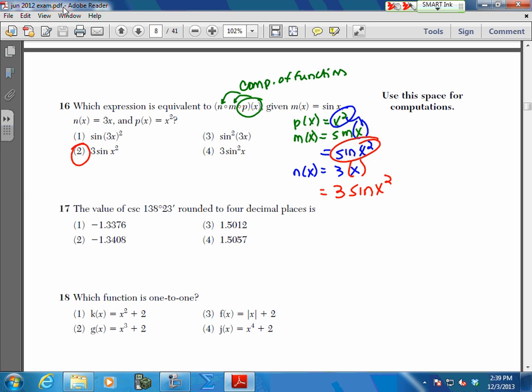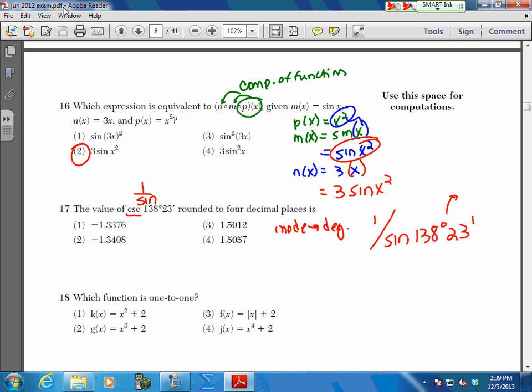This one is nice, but you have to be careful here. You've got a cosecant, which is the reciprocal of your sine. So you're going to make sure your calculator is in degrees, since we're working with degrees and minutes. And you're going to do 1 over the sine of 138 degrees, 23 minutes.